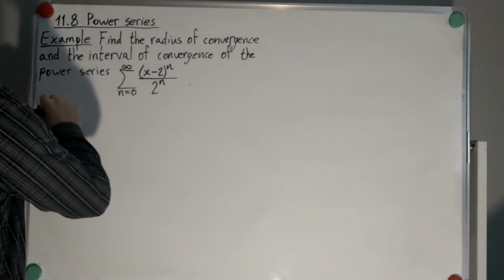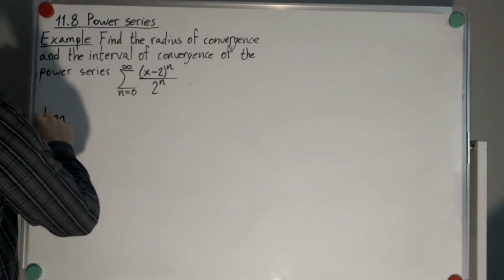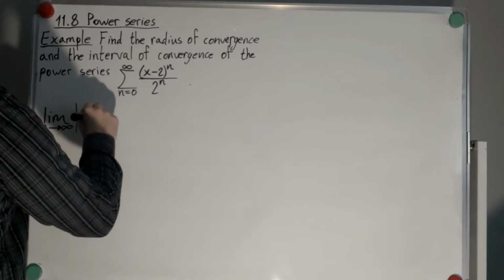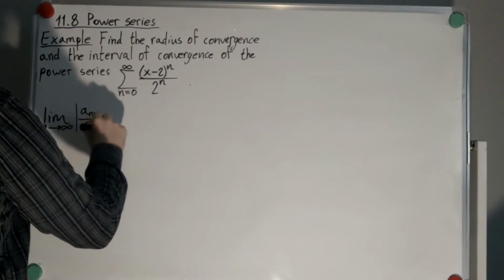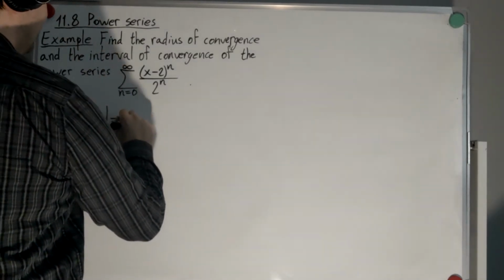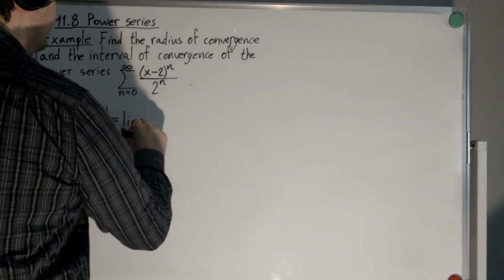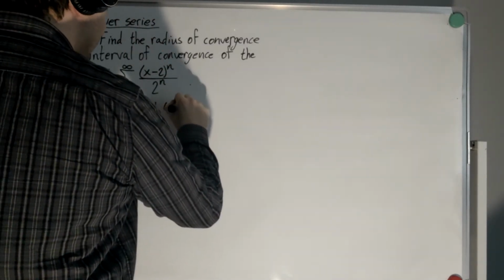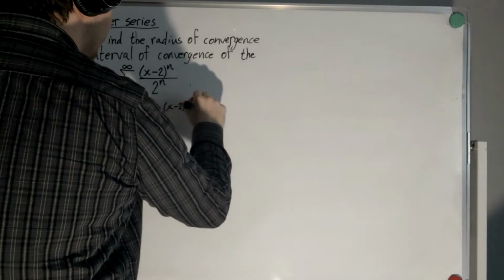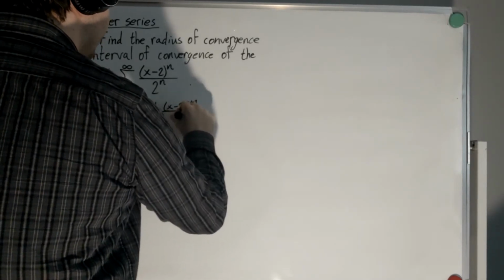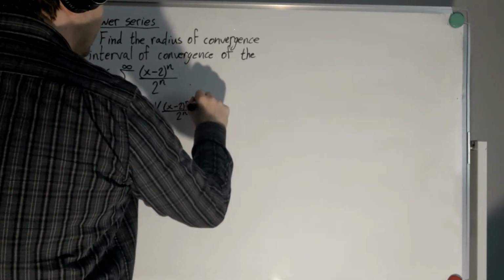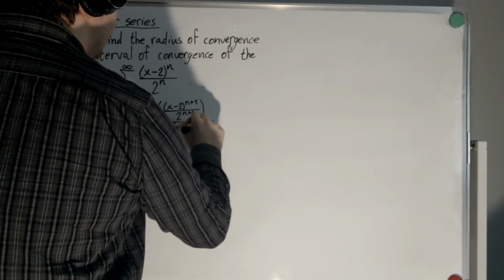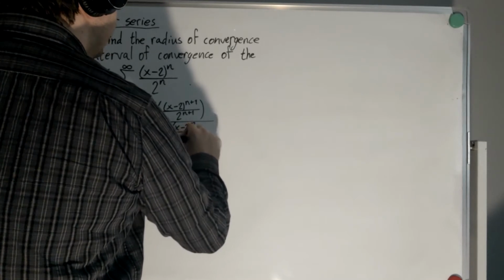So we're going to say the limit as n approaches infinity of the absolute value of a sub n plus 1 divided by a sub n. This is the limit as n approaches infinity of the absolute value of x minus 2 raised to the n plus 1 divided by 2 raised to the n plus 1, take all of this and divide it by x minus 2 raised to the n divided by 2 raised to the n.